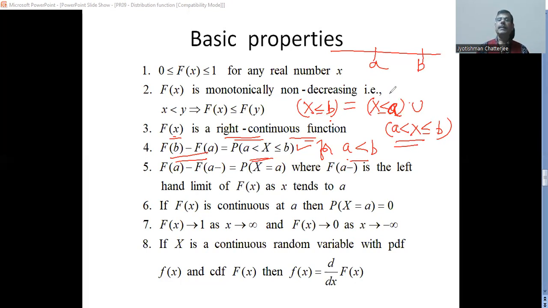And observe that the right hand side is a union of two mutually exclusive events. So what can we say when we take probabilities? The probabilities should add up. So the probability of this thing must be equal to the probability of this plus the probability of this thing.